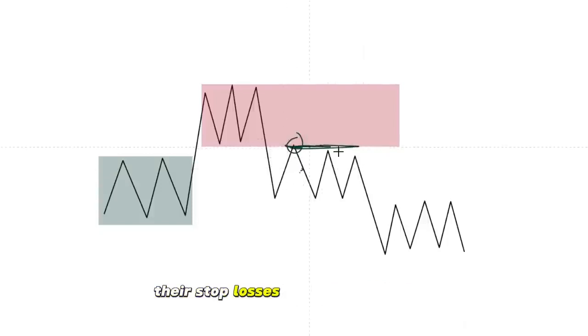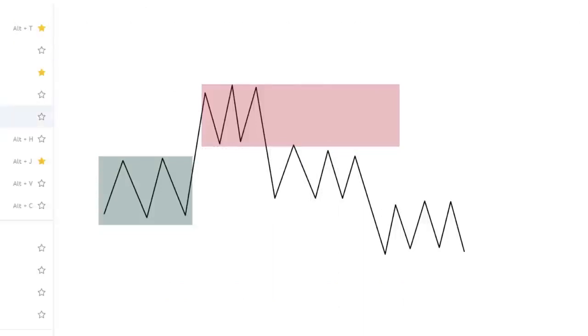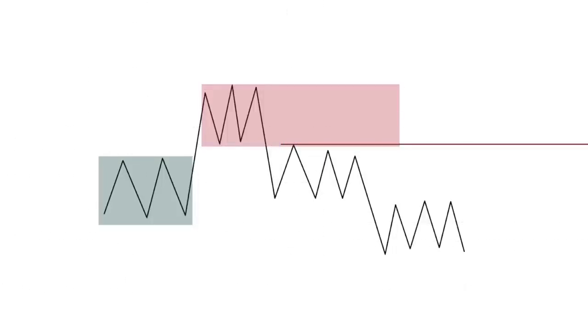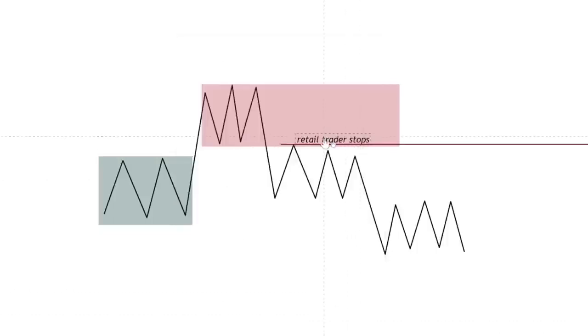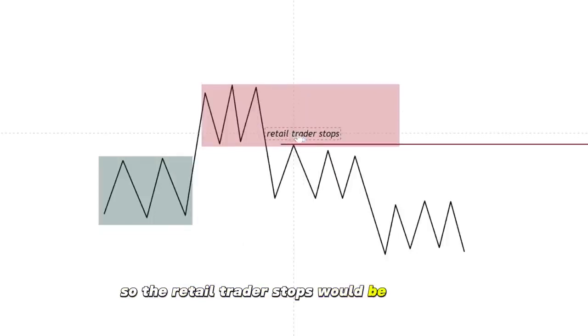Their stop losses would be right here. So the retail trader stops would be right here.